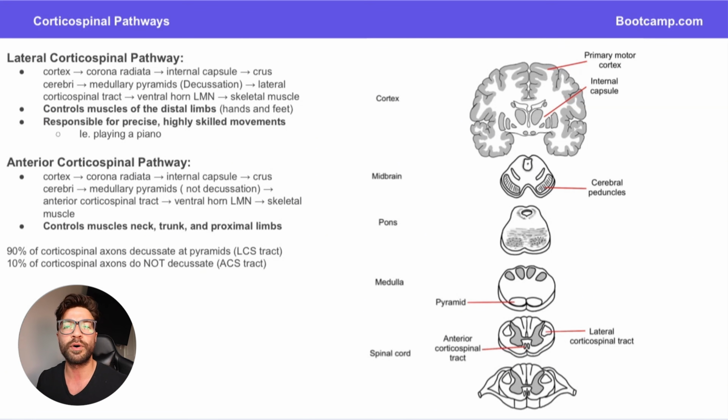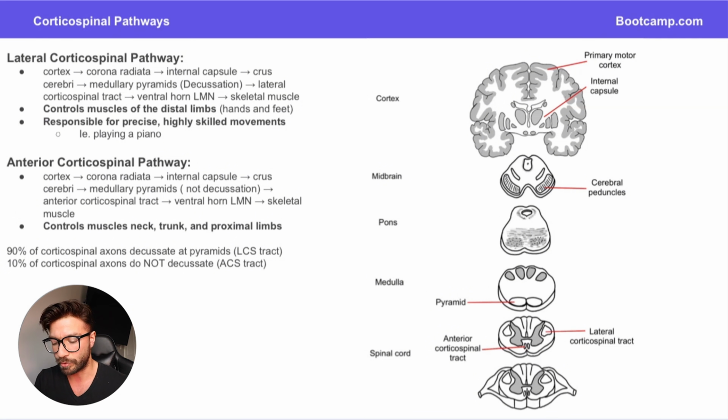Now, an example of when a highly skilled movement would be performed is if you were playing something like piano. This takes high precision in finger movements. You're moving a lot of different fingers at once, and the lateral corticospinal tract is going to be responsible for allowing you to make those movements so precise and highly skilled.